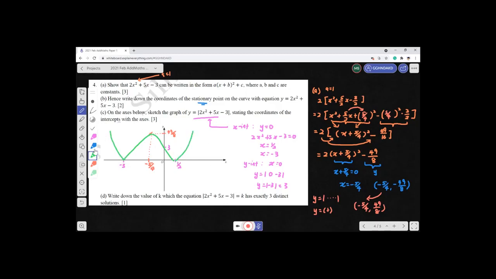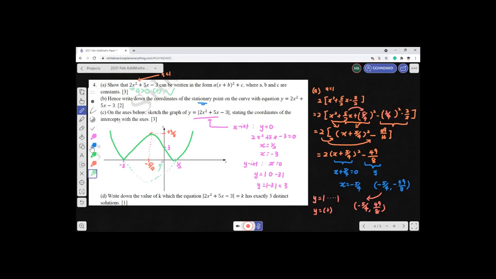How to know whether it is a maximum or minimum point? If you look at this 2 here, A is positive, it means that it's a minimum point. But this is because of modulus. Originally, the graph should be going down like that. But now it reflects out because of modulus.